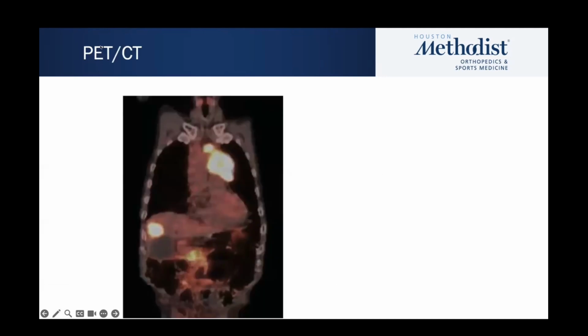Also had a PET CT scan done, and you can clearly see the left lung as well as the liver both having clear uptake of this lesion. It turned out to be a squamous cell carcinoma of the left lobe and had metastasized, excuse me, to both the spine and the liver. So just a cautionary tale, I think, for this kind of situation.